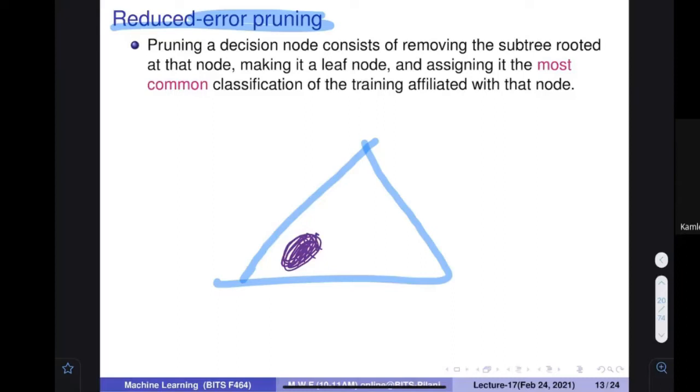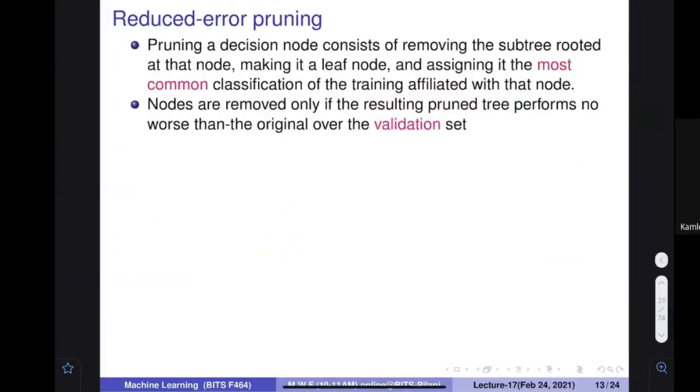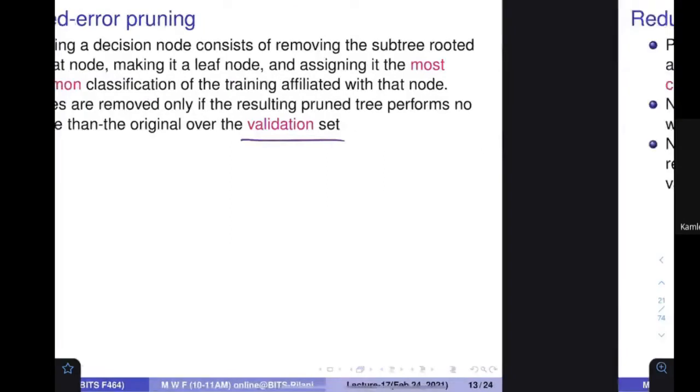You can only cut this part if your error is reducing. On what? On the validation set. If your error is reducing, it means your accuracy is increasing. Your accuracy was initially 75%, then it becomes 81%, then 84%, so the error is reducing. Only then can you do this, definitely on the validation set.